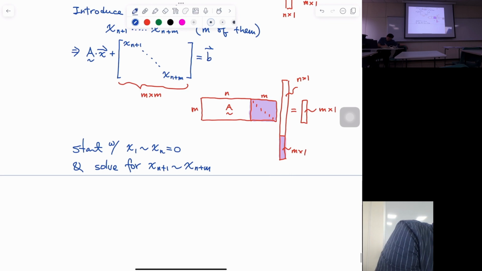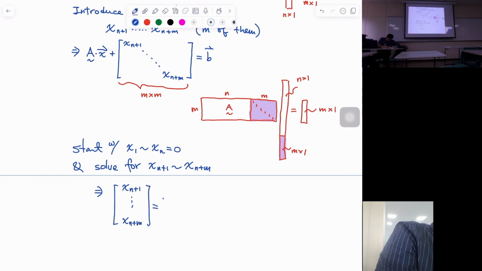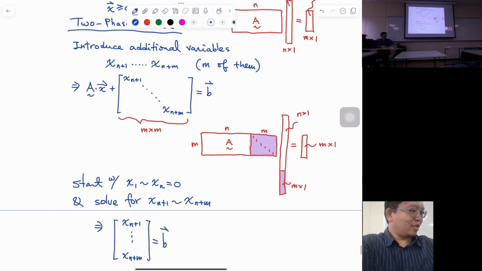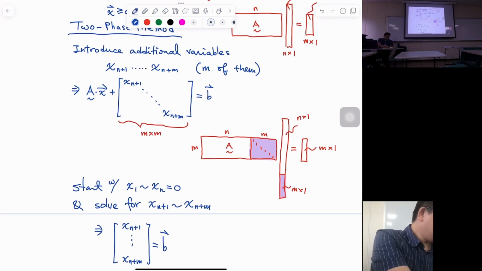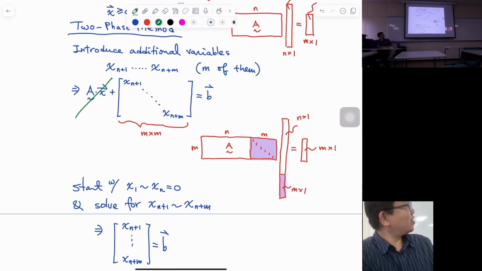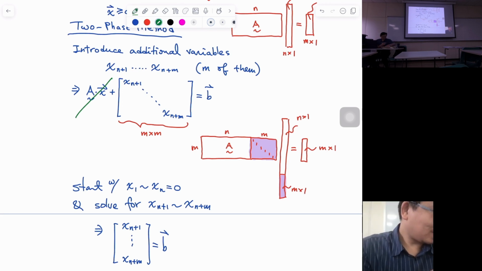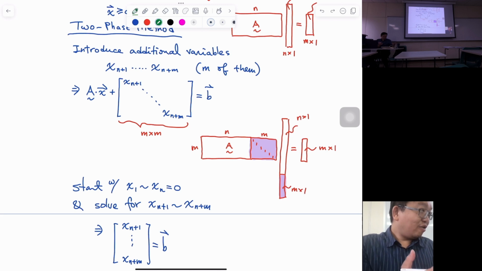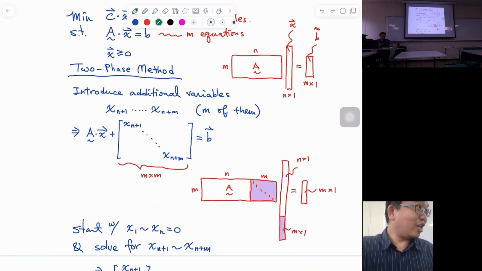So in this case, basically you are solving x n plus 1 to x n plus m equals your b, right? So basically, the original variables equal 0. So this will be a definitely feasible starting point for this new linear problem.